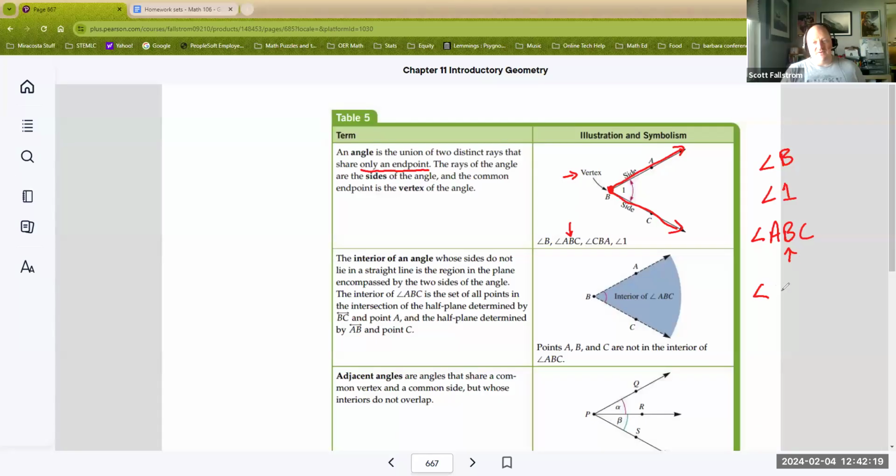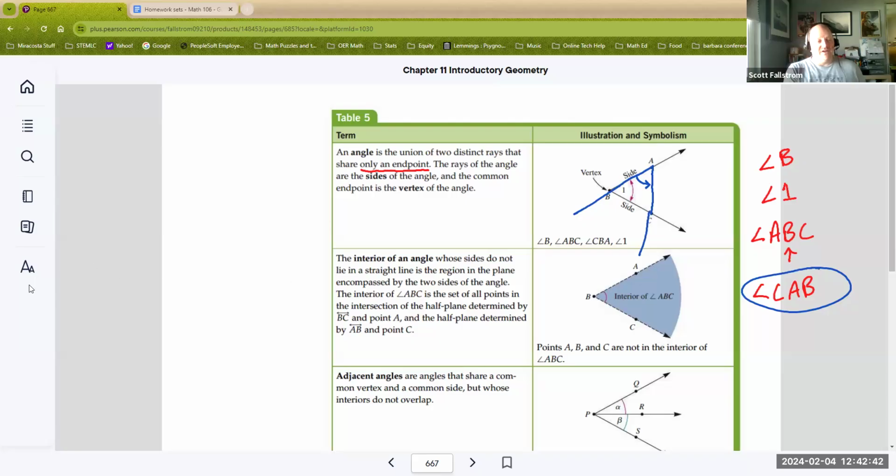If you accidentally write CAB, then I'm not thinking of the angle that's depicted right here. I'm thinking of a very different angle because you said C, then A, then B. So now I am thinking of this angle when you write it this way.